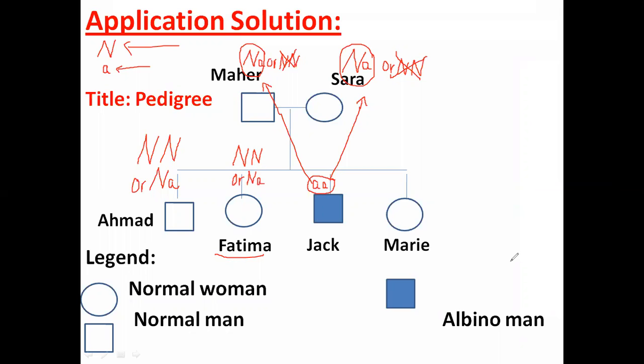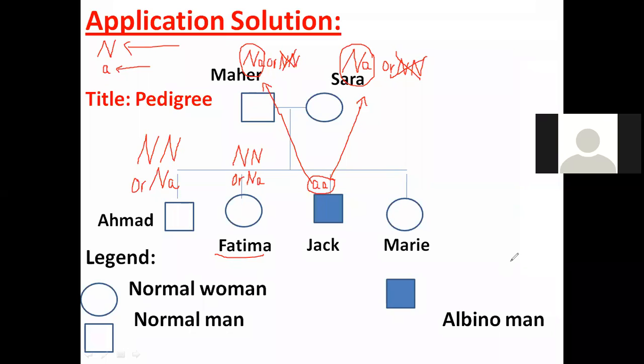Let's move now to Marie. What do you think about Marie? Marie is normal, so she should carry the allele N for sure. So the second allele can be what? It can be an N or an A, so two possibilities.